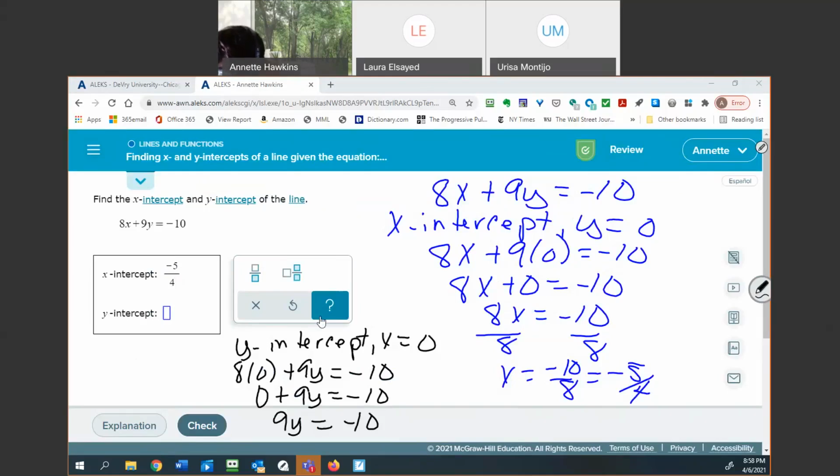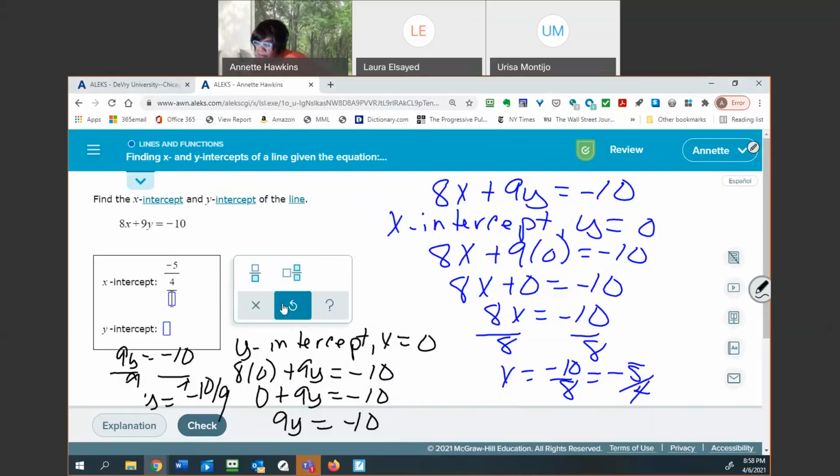Again, your skills of solving equations, we need to divide by 9. Y equals negative 10/9. We need to get the fraction symbol, and we need negative 10. Then put the cursor in the denominator and put 9. Negative 10/9.